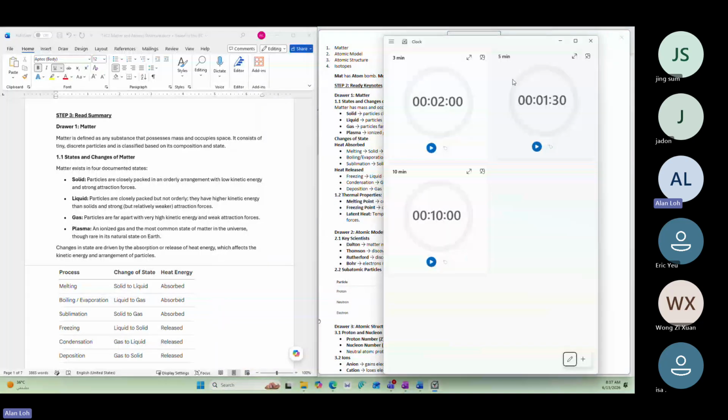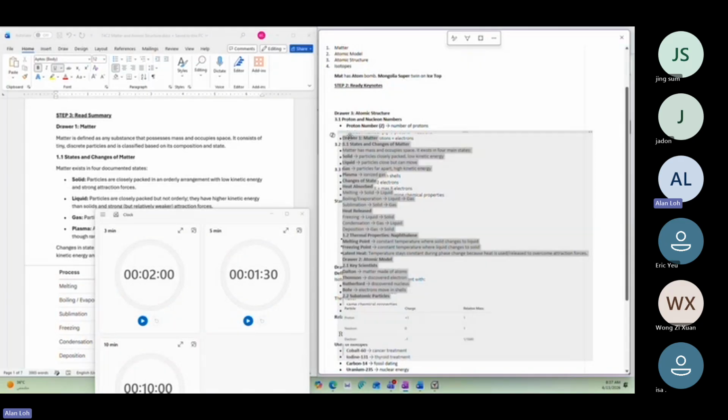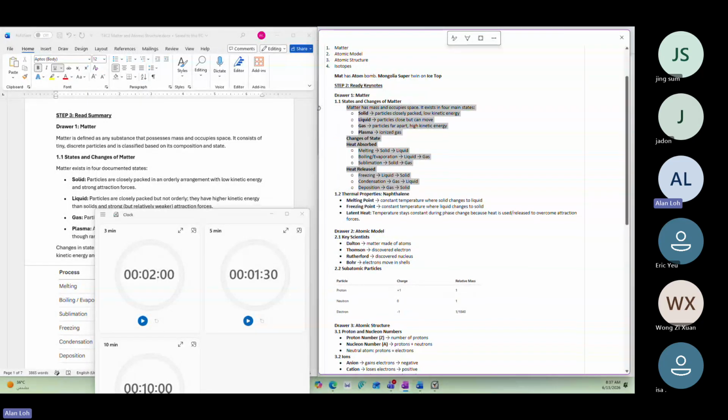Right? Drawer 1, you have 1 and 2 key points, and each key point has a few smaller points inside it. Then you have drawer 2. You also have 2 key points: the scientists and also the atomic particles. Right. So 2 minutes starts now.